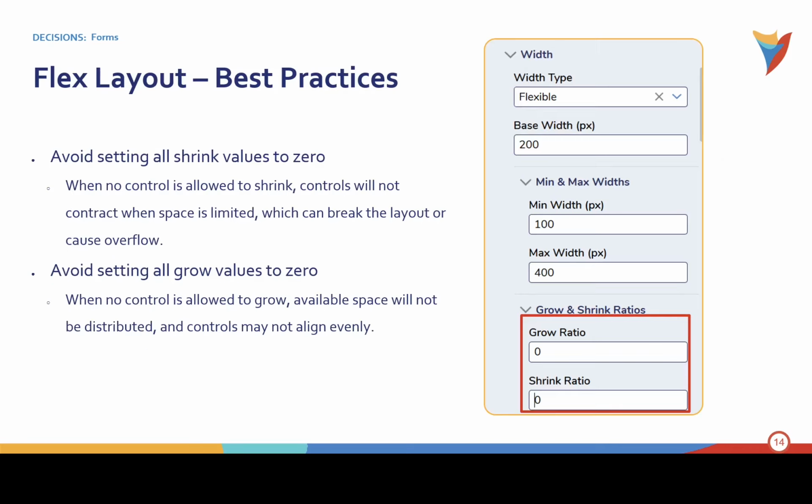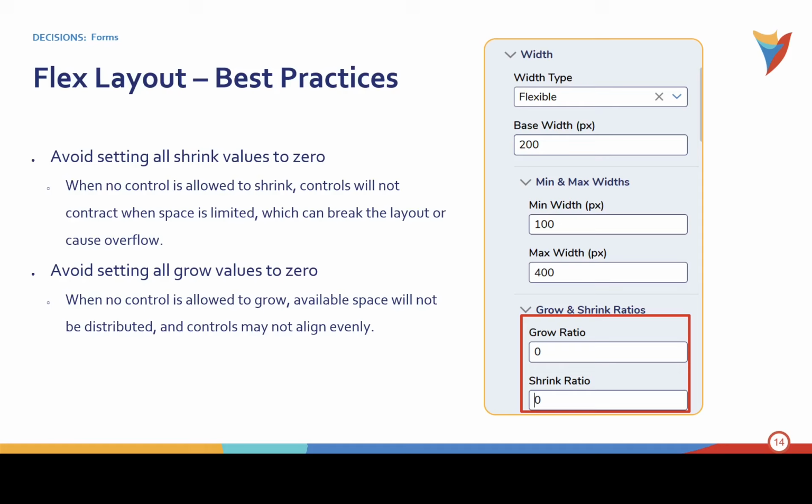And then the last two things that you want to avoid are setting all shrink values to 0 and all growth values to 0. Shrink and grow ratios on a particular form control determine at which percentage more or less that a control is going to resize compared to its sister controls inside of the flex grid when the flex form is changing size.